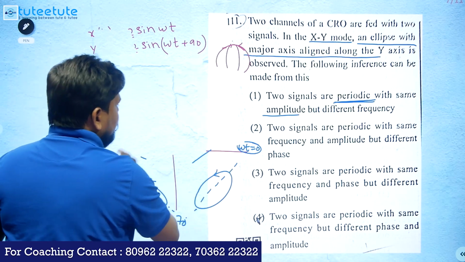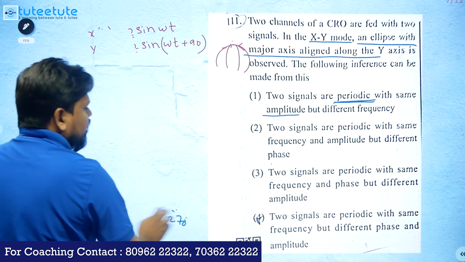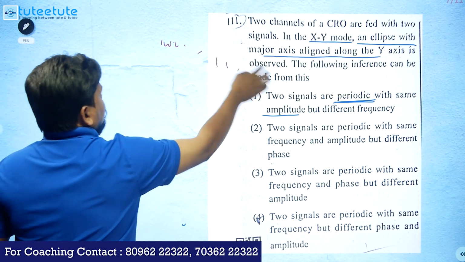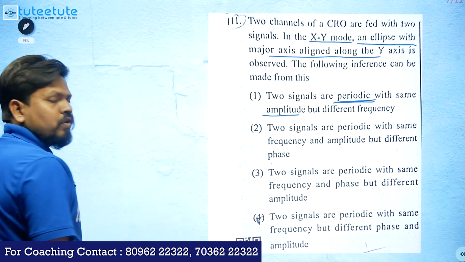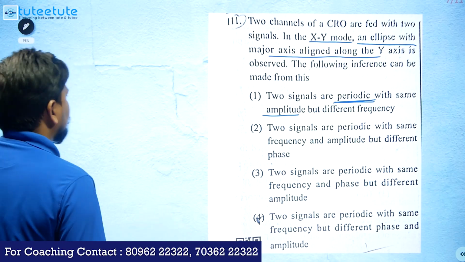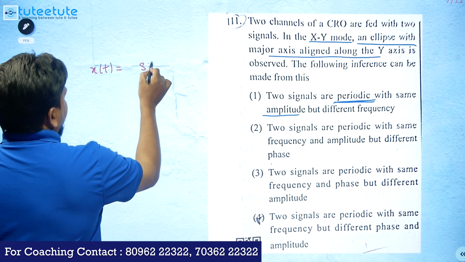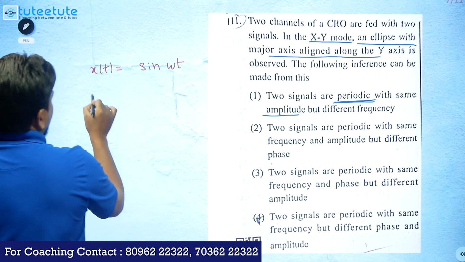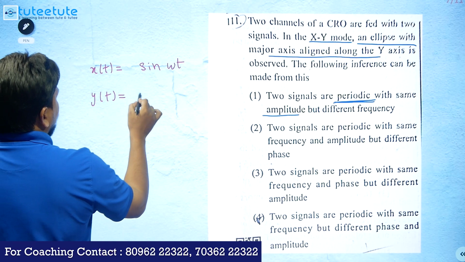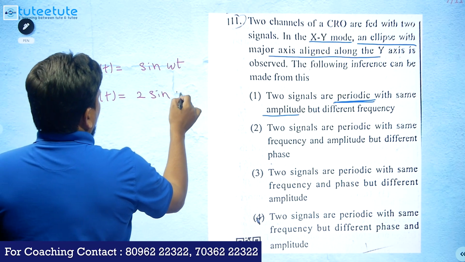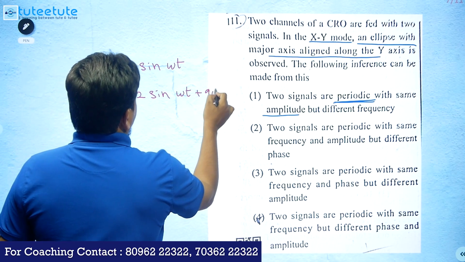Let's take one example signal, from which I will explain and conclude about this question. One example is enough to understand all the concepts. I am taking x of t equals sine omega t, and y of t equals 2 sine(omega t plus 90).